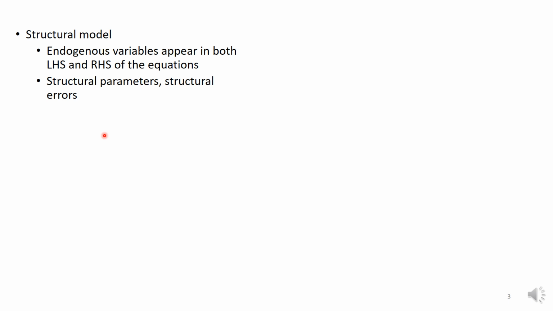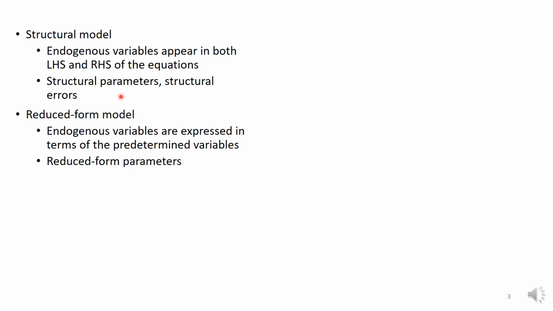We have written the model as what you have seen before, the market equilibrium model, as well as your macro model. For structural model, you have your endogenous variables appearing in both the left-hand side as well as the right-hand side of the equation, and you have your structural parameters as well as your structural errors.